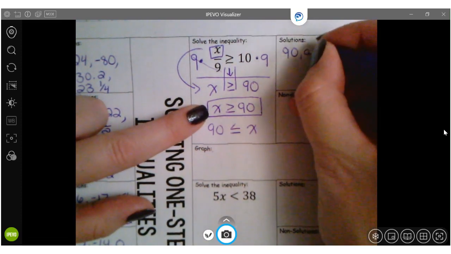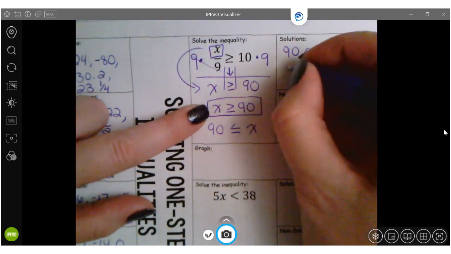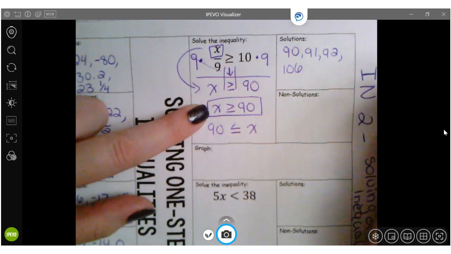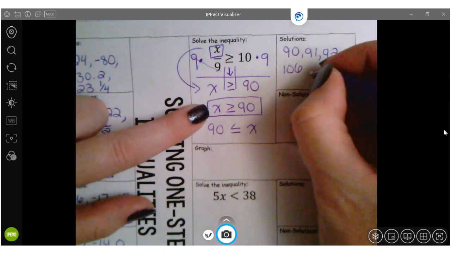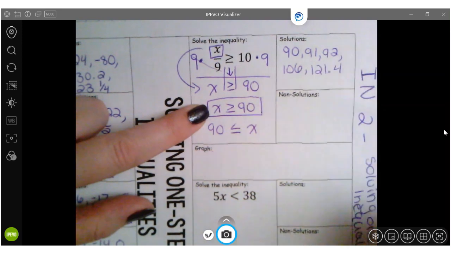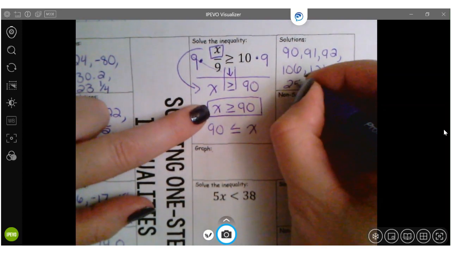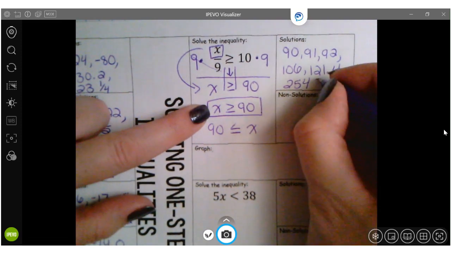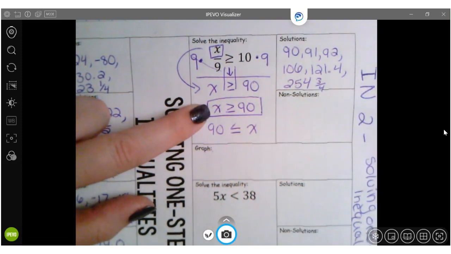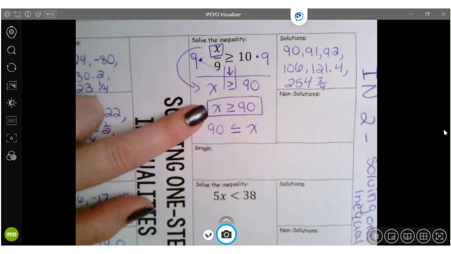So 91, 92, 106, 121.4, we'll do a decimal. Something much bigger, 254, and let's do a fraction, 3/4. Okay, that would be greater than 90. So those are possible solutions.